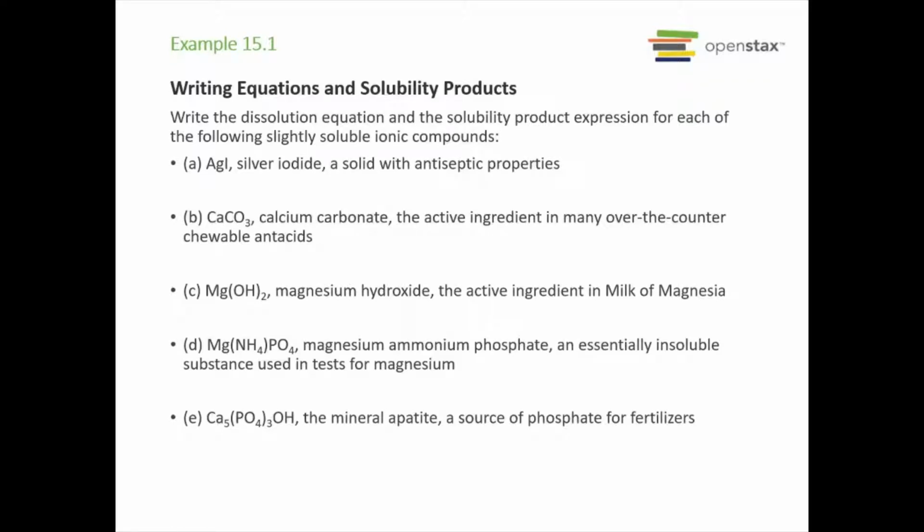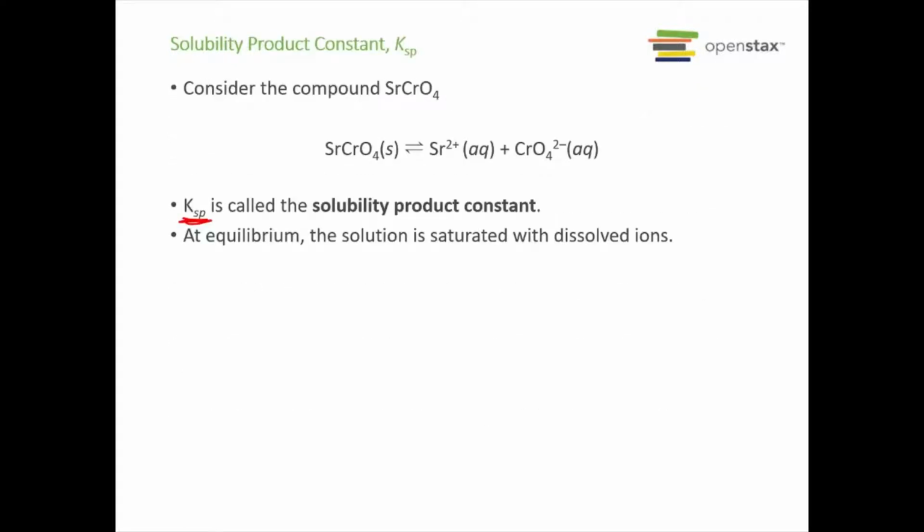So the first thing we are going to do here is write some dissolution equations and the solubility product expressions. KSP is basically the same type of thing as KC. If you've got solids and liquids, we don't count them. So we mostly just look at the product side, because our reactant side is all solids in general.